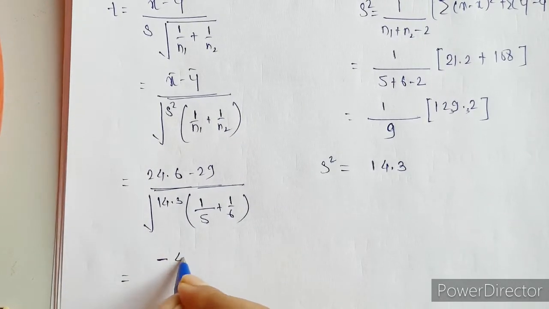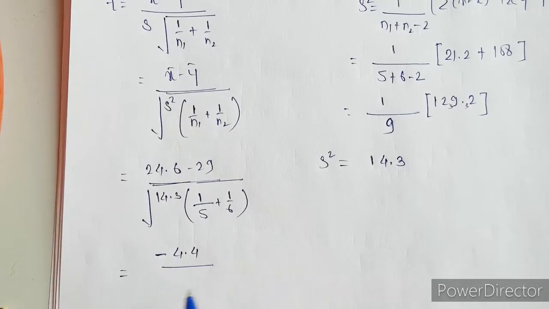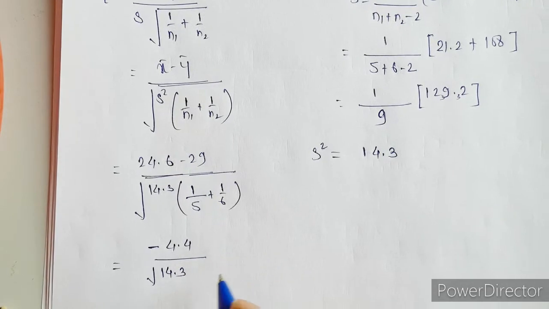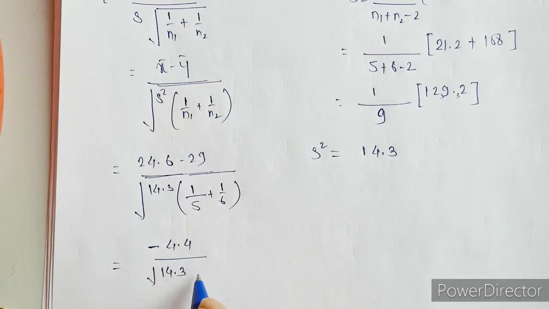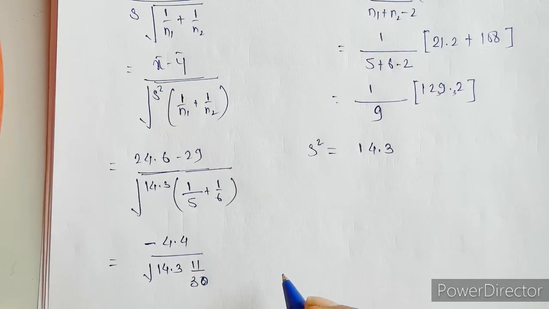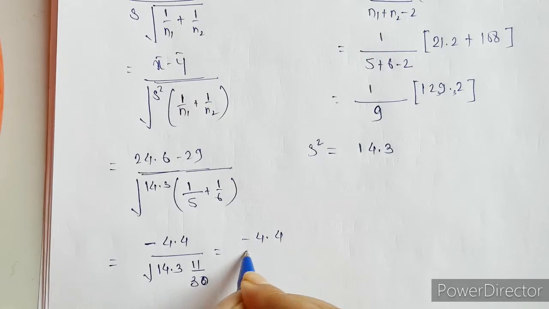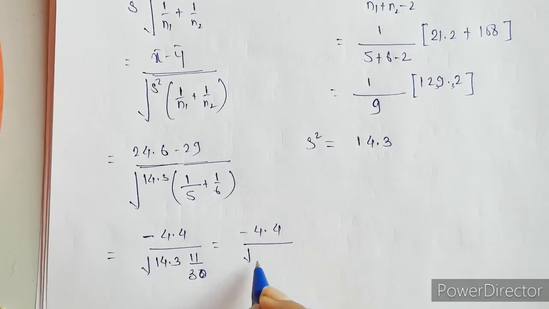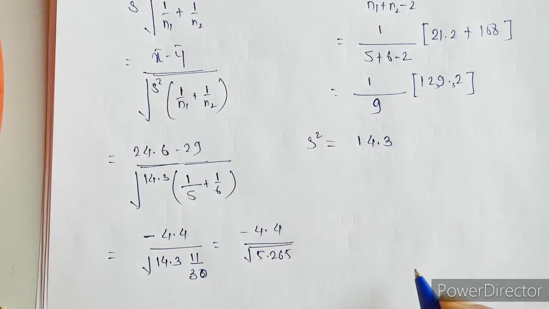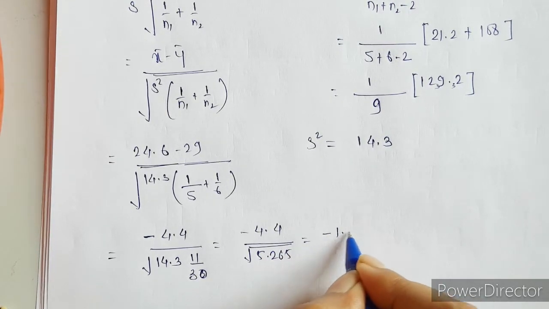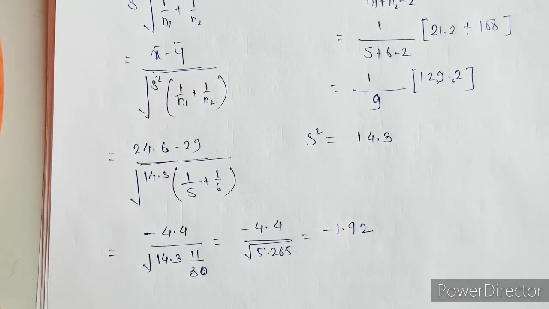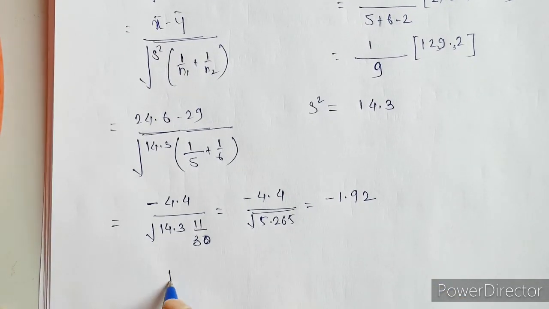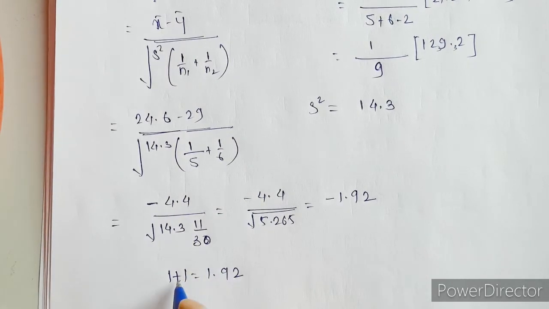So this will be minus 4.4 upon the root of 14.3 times 11 by 30, which is the root of 5.265, which is nothing but minus 1.92. So the mod of t is 1.92.